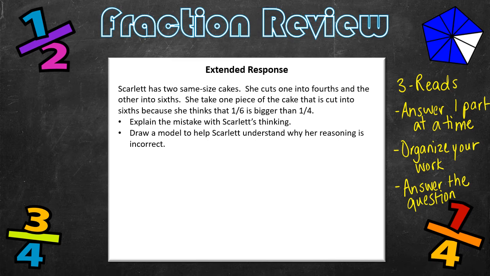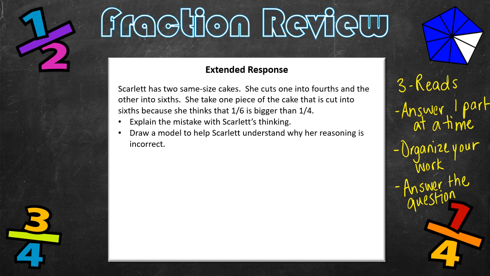And I'm picturing that she takes her first one and she's cutting it into 4 equal parts. And then she takes the other one, that's the same size, and she cuts it into 6 equal parts. Then she takes one piece of the one that's cut into 6 equal parts, because she thinks that 1/6 is bigger than 1/4. Explain the mistake with Scarlett's thinking. Draw a model to help Scarlett understand why her reasoning is incorrect.